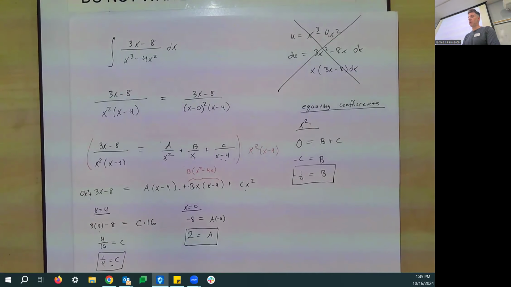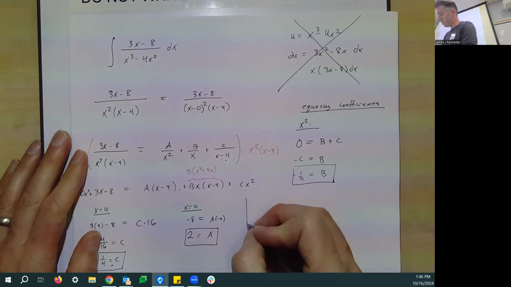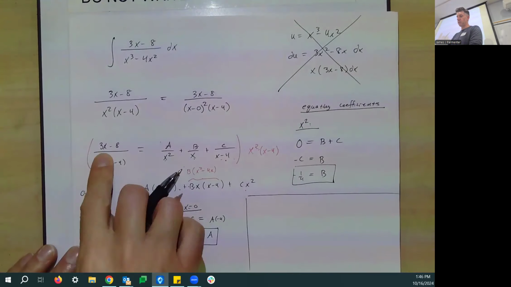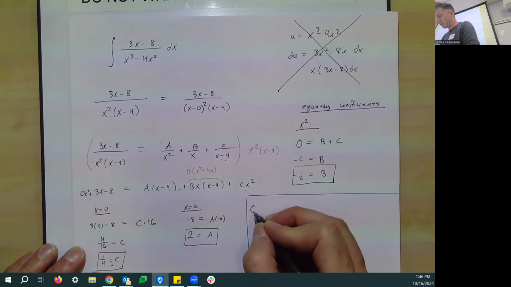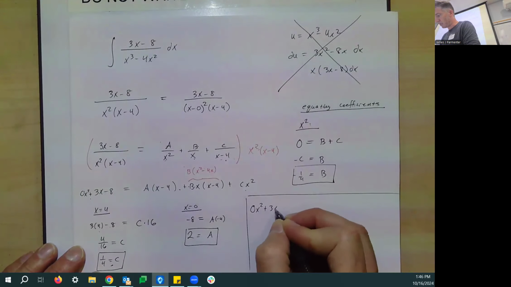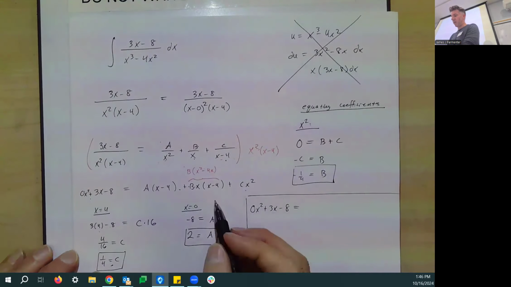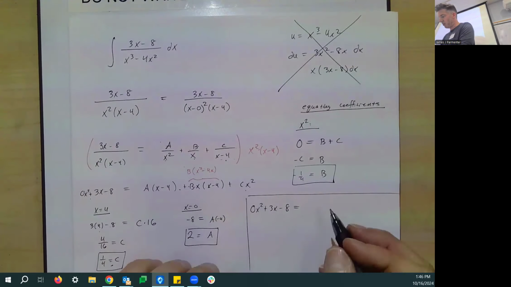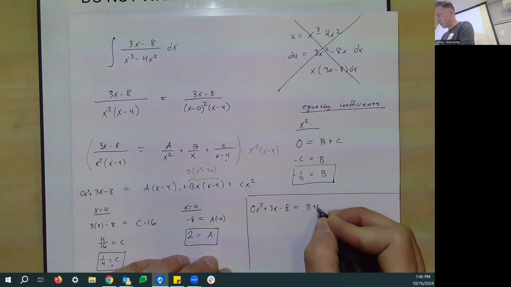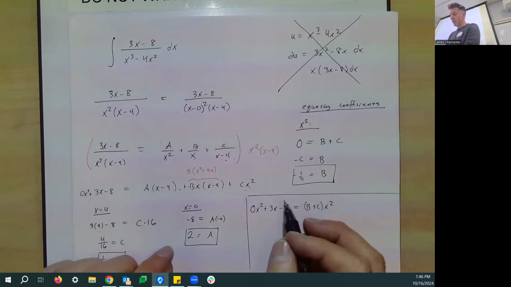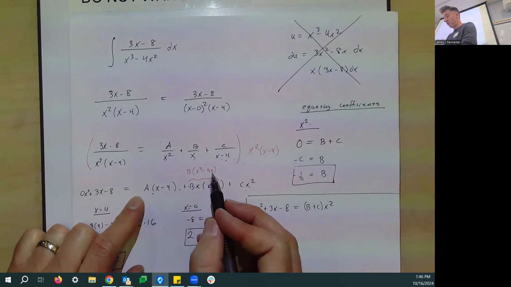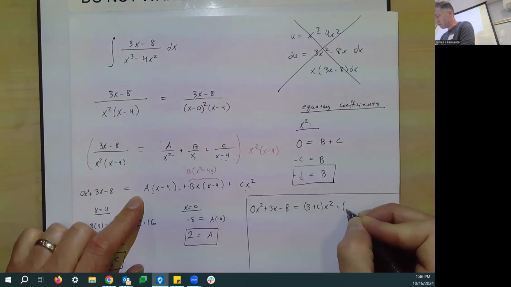Now, I will say some people like to do this equating coefficients thing more than I do. Some people like to take the whole equation and say, okay, on the left-hand side, I have 0x squared plus 3x minus 8. On the right-hand side, I have a b x squared plus a c x squared, so a b plus c times x squared. And I have an a times x and a negative 4b times x.